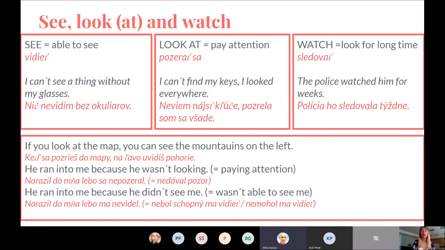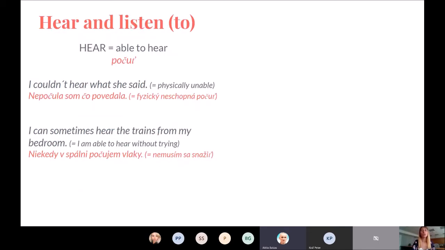Let's move on to the difference between the verbs hear and listen to. So the verb hear is very similar to the previous see. Here is just you're able to hear something. You don't have to pay attention. You just sit and hear things around you. So in a sentence, I couldn't hear what she said.